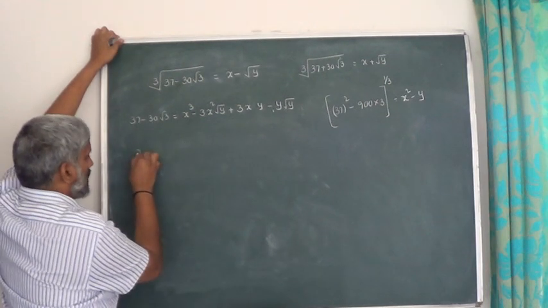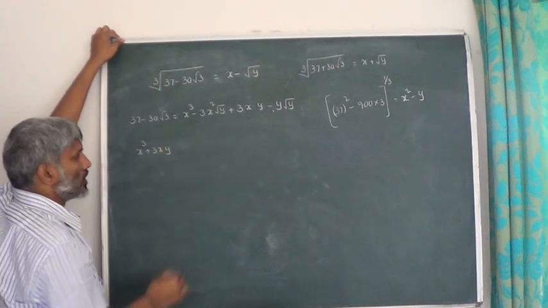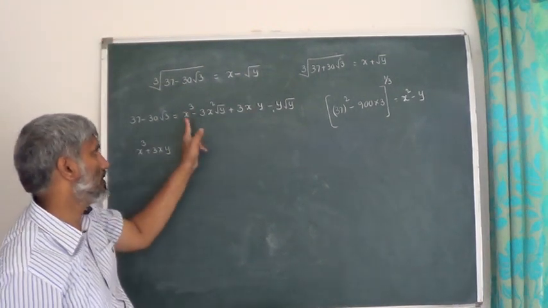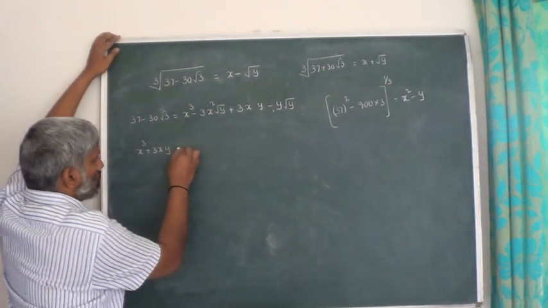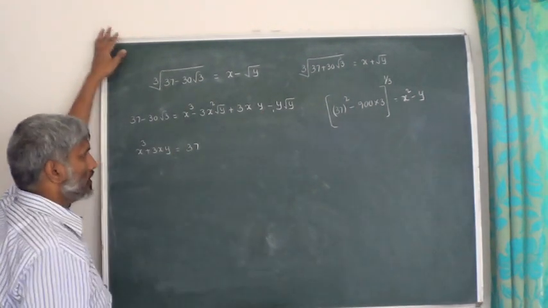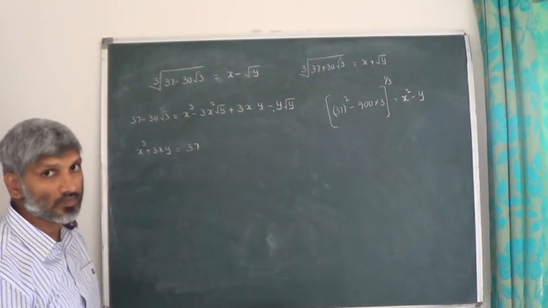We can write this as x cube plus 3xy, that is the term without involving irrational. x cube plus 3xy must be equal to 37, right?